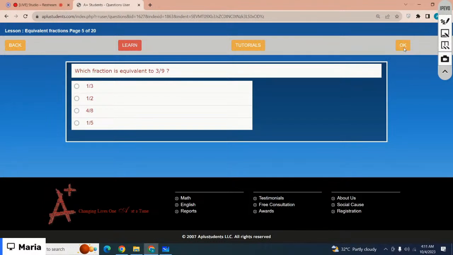Okay, very good. That is 1 over 3. You can divide 3 by 9 by a common factor 3. So that would be the simplified form, that is 1 over 3, right?